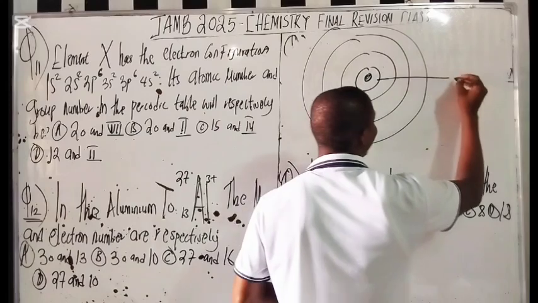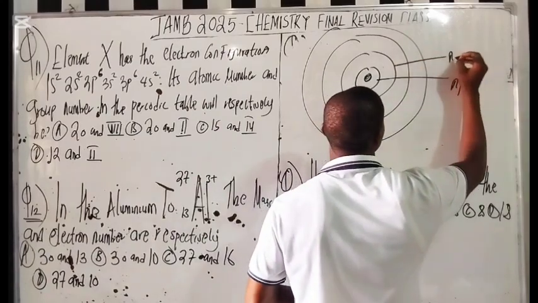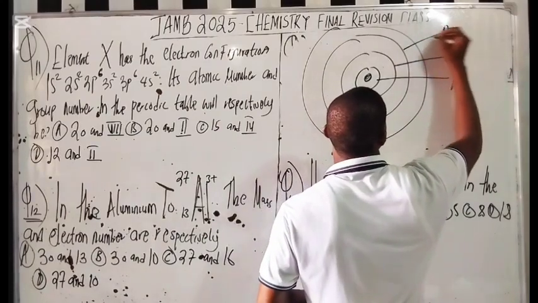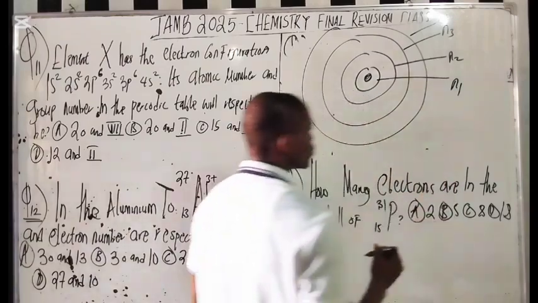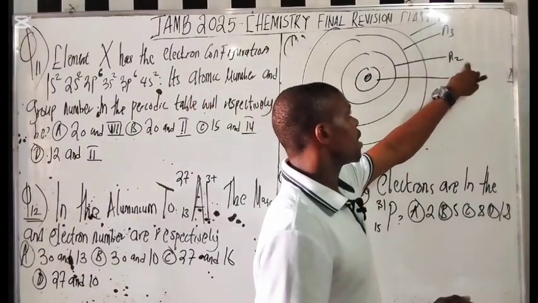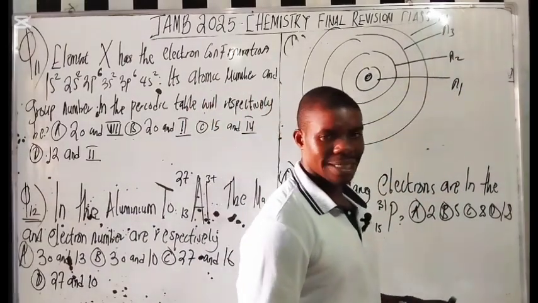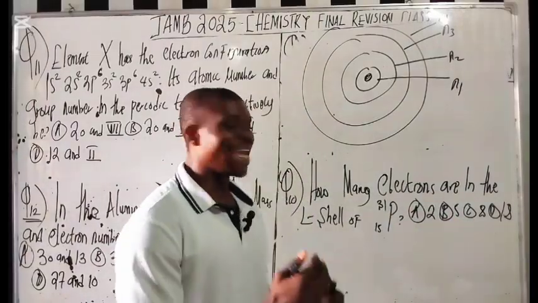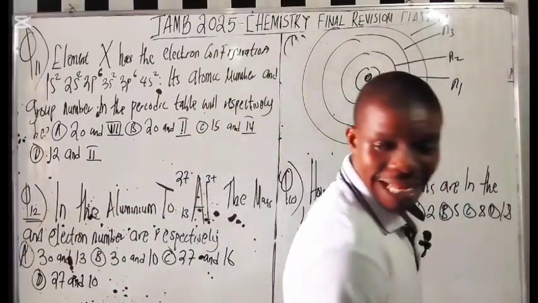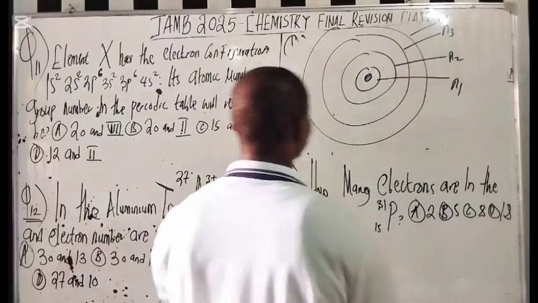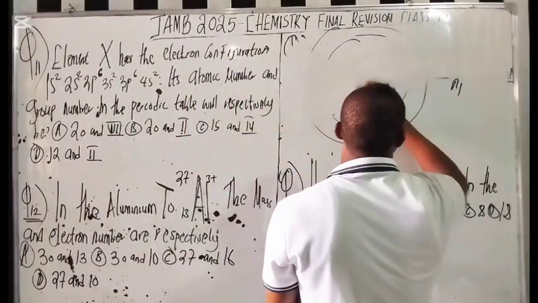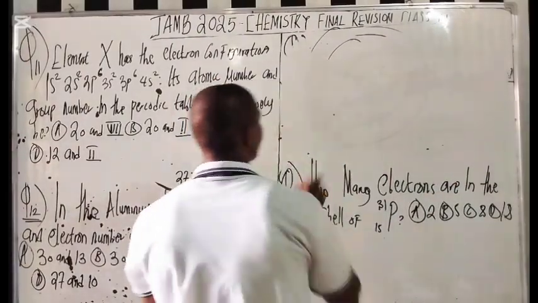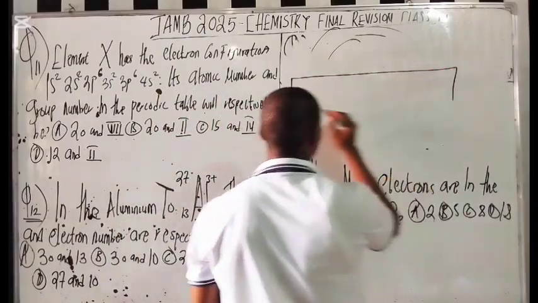So you have N1, N2, N3, N4. That is the first energy level, second energy level, third energy level, fourth energy level. Each of them is denoted not by a number but by an alphabet. Now, when you have something like this, please pay close attention here.